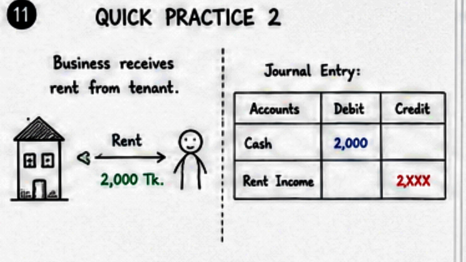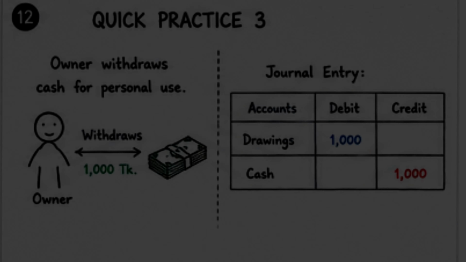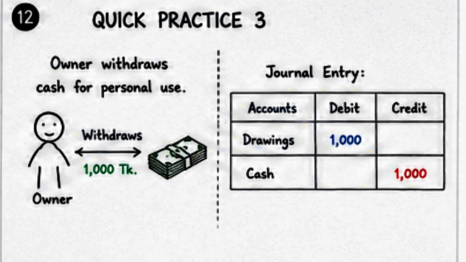The business receives rent from a tenant. Here, debit cash and credit rent income. The owner withdraws cash for personal use. Here, debit drawing and credit cash.